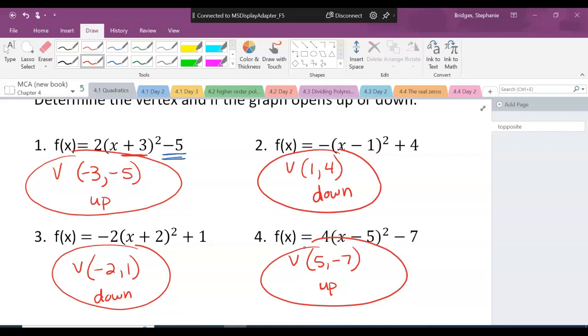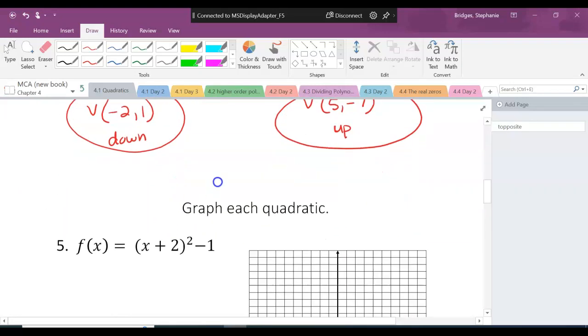Everybody ready? Now we're going to start with our graphing, and the very first thing that we want to do when we graph is decide what our vertex is. That's going to be our starting point. So let's take a look at that first graph. Look at the first function.